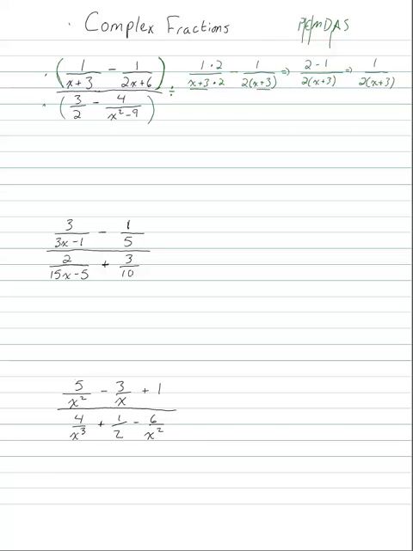So I have my numerator. Let's look at my denominator. I could factor, but looking at this, there's no sense in factoring to find a common denominator. If I factor x squared minus 9, I'm going to have x plus 3 times x minus 3, and there's going to be nothing in common with the 2. So I might as well just find the common denominator from the original fractions. So 3 over 2 minus 4 over x squared minus 9. They have nothing in common, right?